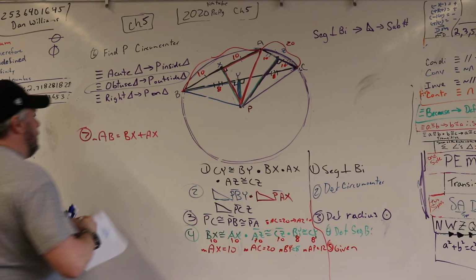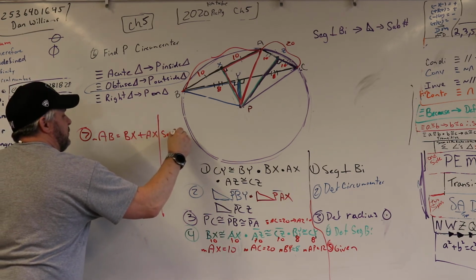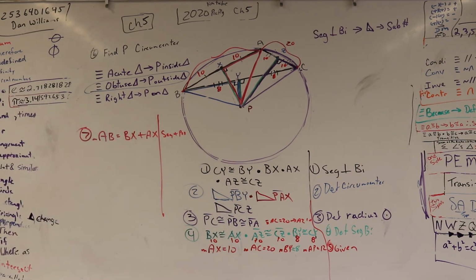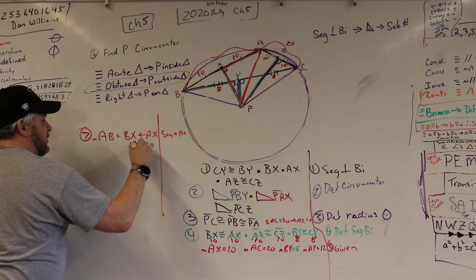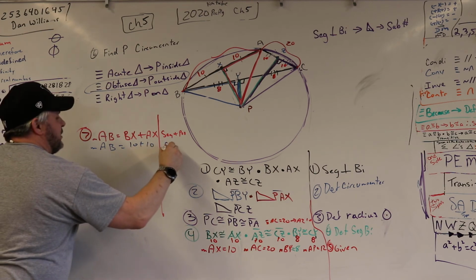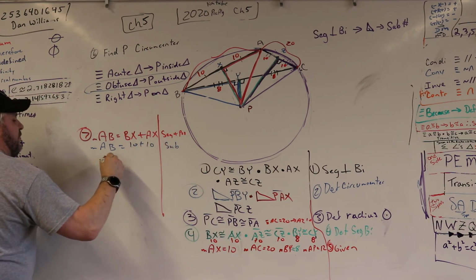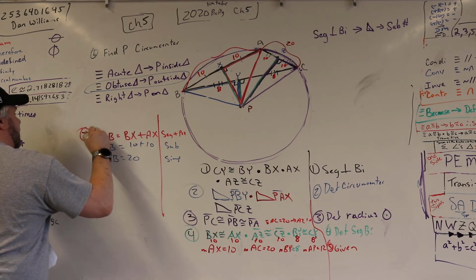So, segment addition postulate, right? What's next? Substitution. Do we know what BX is? 10. AB is equal to 10 plus 10. Substitution. Measure of AB is equal to 20. Simplification. Okay? That was 7 part A.